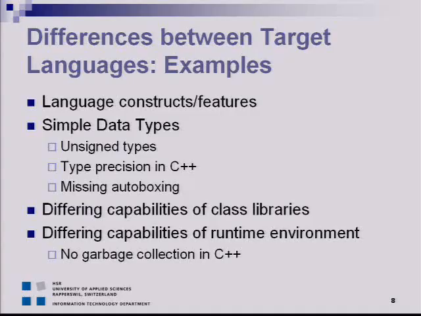Missing auto-boxing in C++, for instance. Class libraries have different capabilities. And last but not least, the runtime environment is also different, such as the missing garbage collector in C++.